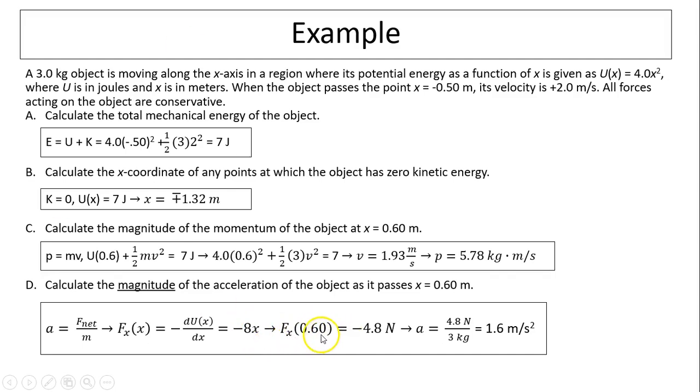So F at 0.6 equals negative 8 times 0.6, which is negative 4.8 newtons. So acceleration should be negative, but that negative really indicates direction. The magnitude is the one quantity with no direction, so we just use 4.8 divided by 3. The magnitude of acceleration is 1.6 meters per second squared.